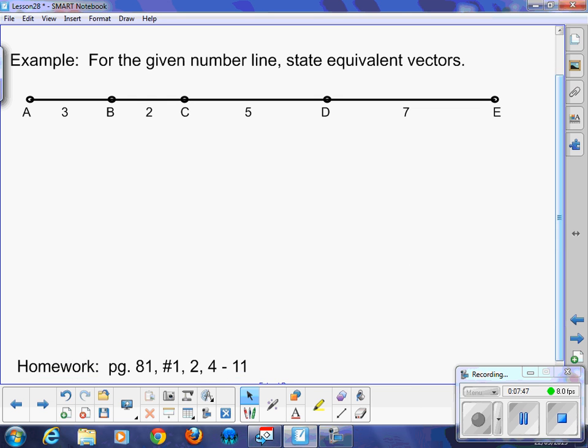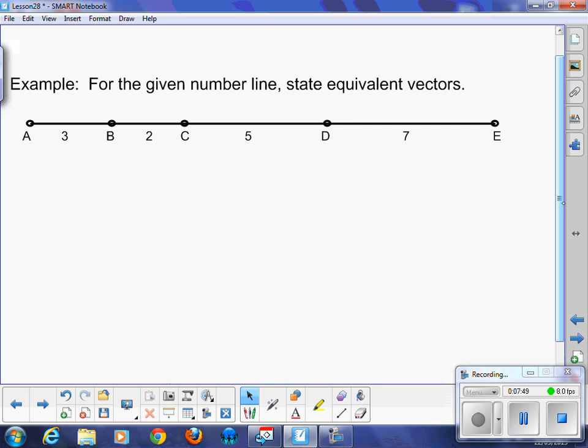All right, let's start off with a couple of equivalent vectors. Let's start off with something simple. Let's start with vector AC. I know that the magnitude of AC is equal to 5 units, and because I'm doing AC, it has to be pointing to the right.